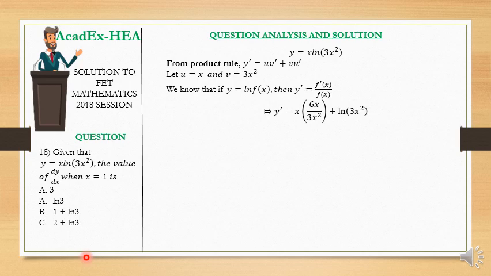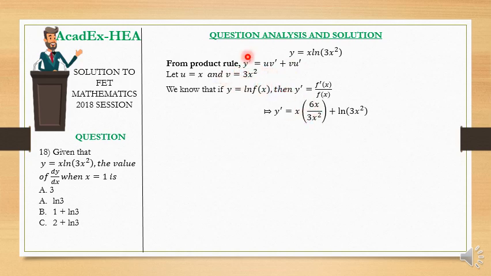Okay, so we are having that y prime is equal to uv prime, where u is x, times v prime. We differentiate v, which is the ln of 3x squared. So when we differentiate the ln of 3x squared, we have 6x over 3x squared.